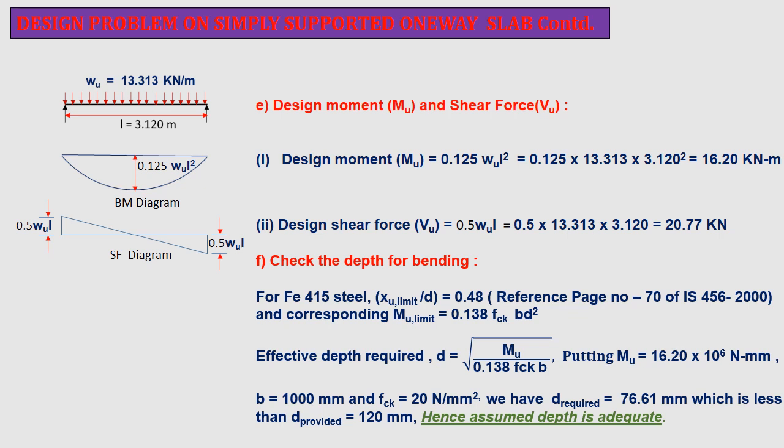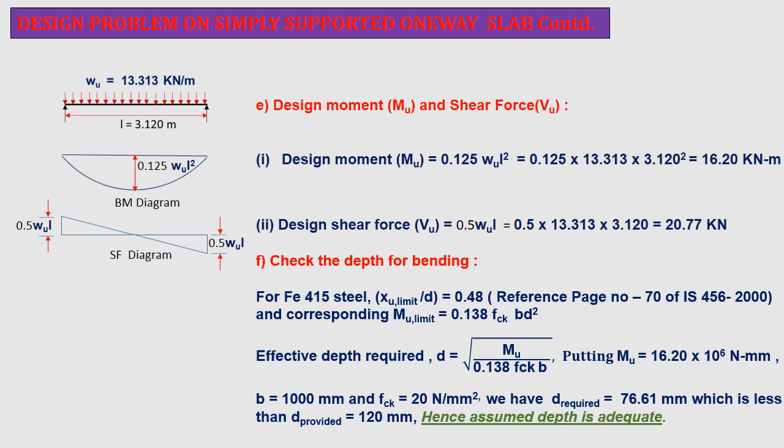The xu limit by d for Fe 415 grade steel is equal to 0.48, which is given on page number 70 of IS 456, and the corresponding limiting moment is 0.138 fck b d square. Now the effective depth required to resist the 16.20 kilonewton meter bending moment is equal to root over Mu by 0.138 fck b.